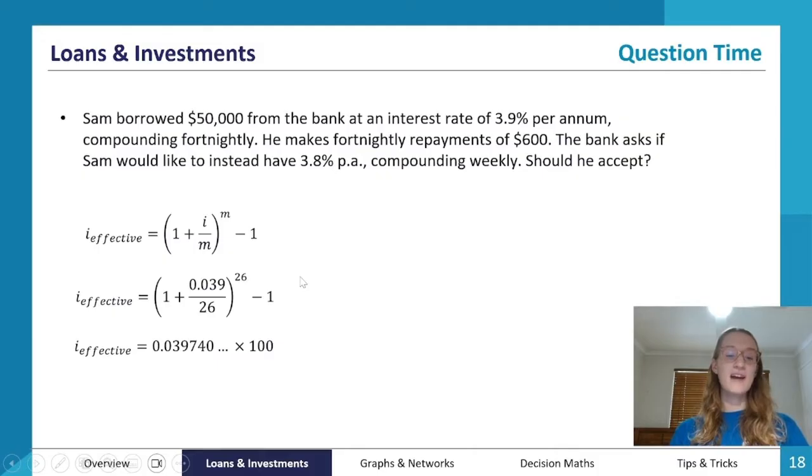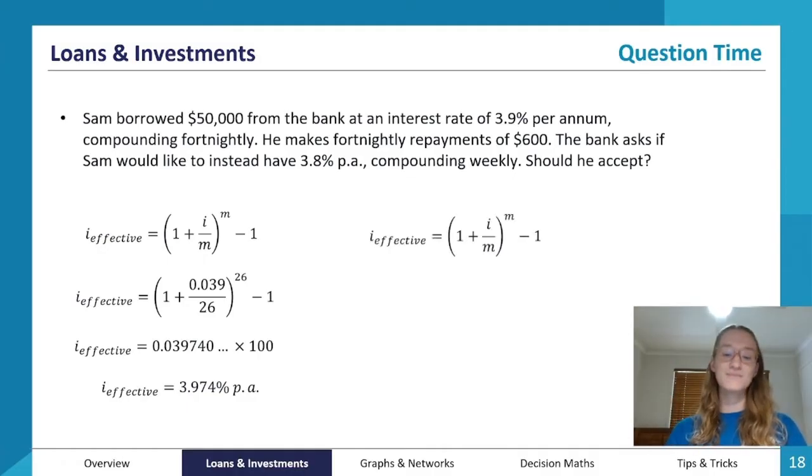So the effective annual rate of interest, when we solve that and put it through the calculator, is 3.974% per annum. So effectively, if this first option was just to have one compound per year, this is the percent of interest per annum that would produce the same amount of money. So now let's do the same process for the second amount so that then we can compare them on equal footing and help Sam make his decision.